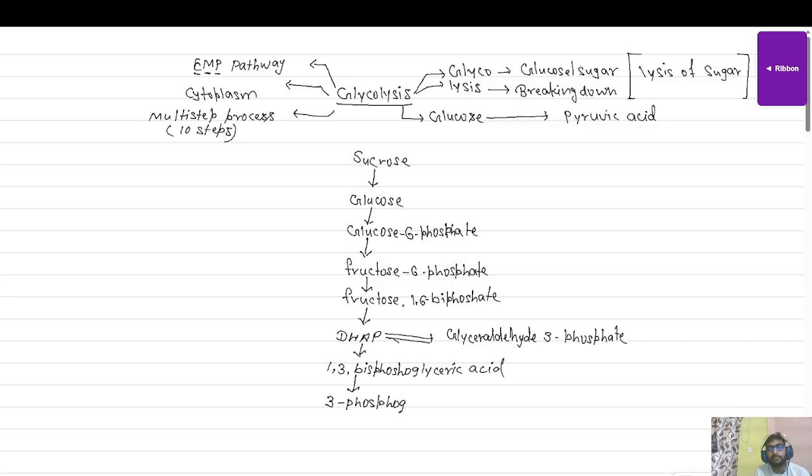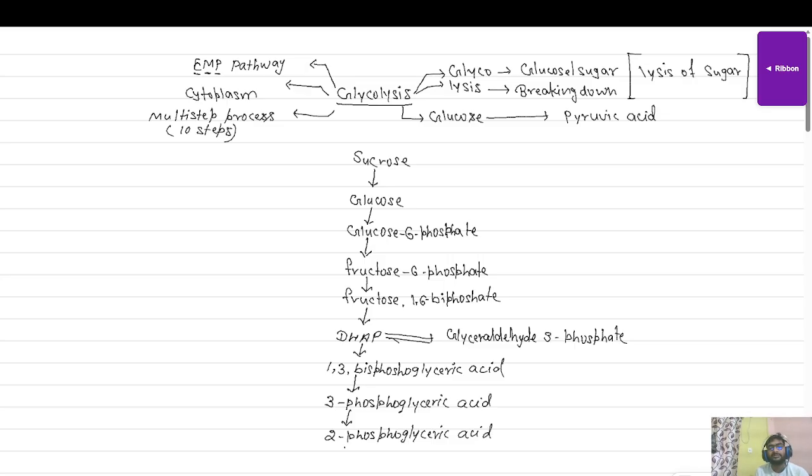From 3 phosphoglyceric acid, it will form 2 phosphoglyceric acid.